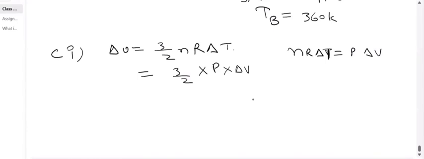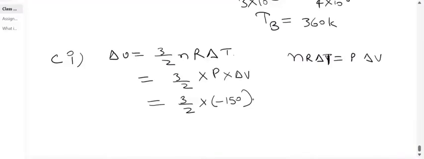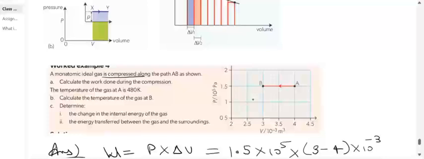So ultimately, what am I going to get? I will get 3 by 2 into minus 150, P delta V. We have to calculate now. Correct? Yes, ma'am.